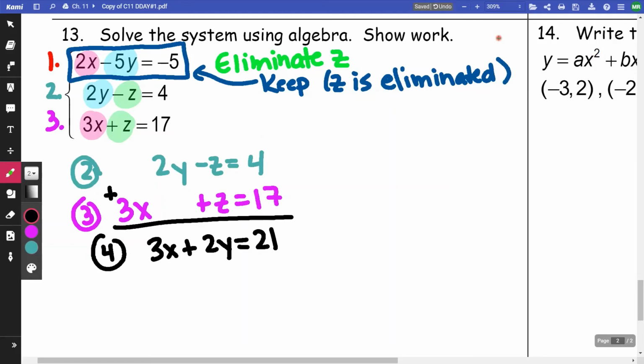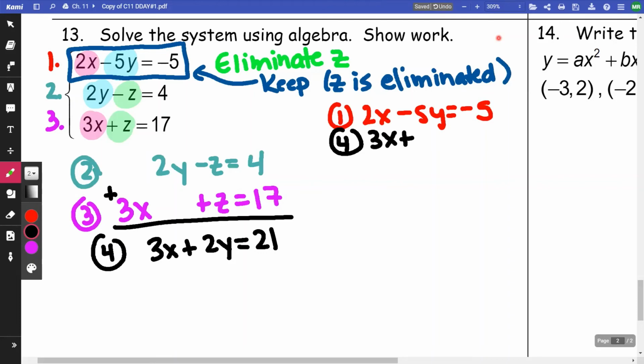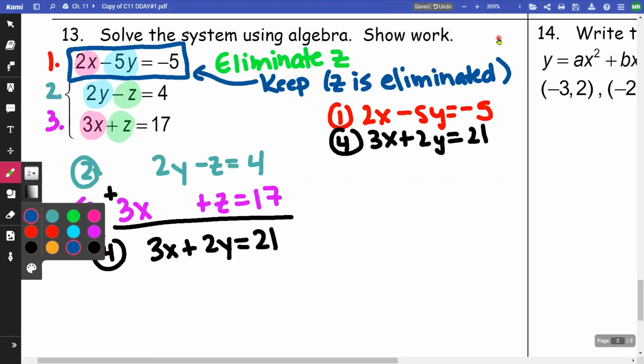And so now I'm going to take equation 4 and equation 1. And that's the system I'm going to solve. So let me just write that here. Equation 1 is 2x minus 5y equals -5. Equation 4 is 3x plus 2y equals 21. I'm thinking I'm going to try to eliminate my x's.